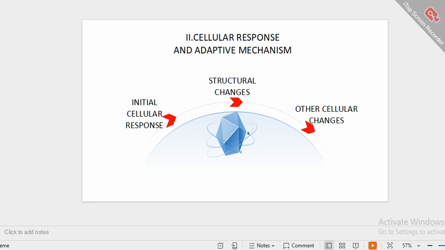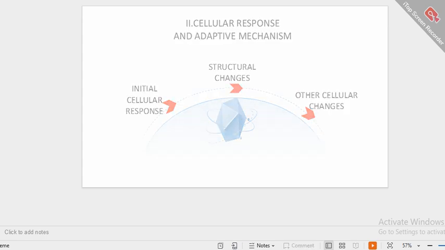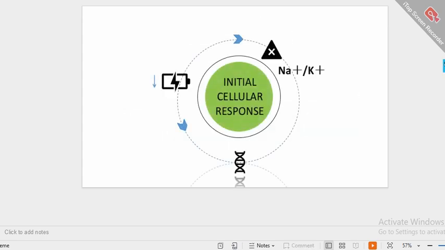So what is that initial cellular response? The first one is decreased ATP production. Even though the stress is there, the cell is going to perform its function.